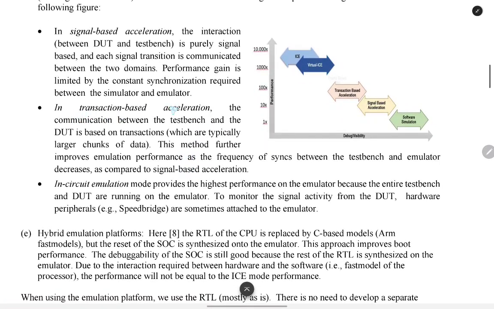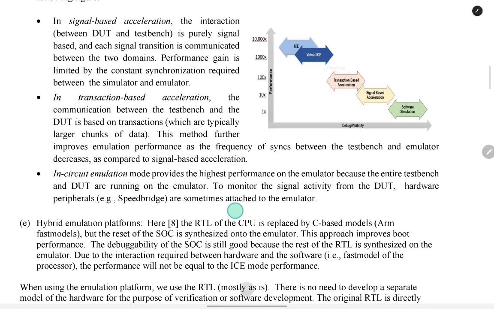In transaction-based acceleration, the communication between the test bench and the DUT is based on transactions, which are typically larger chunks of data. This method further improves the emulation performance as the frequency of the syncs between the test bench and the emulator decreases, as compared to signal-based acceleration.